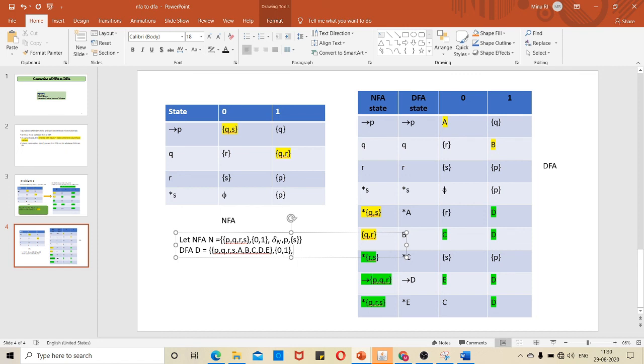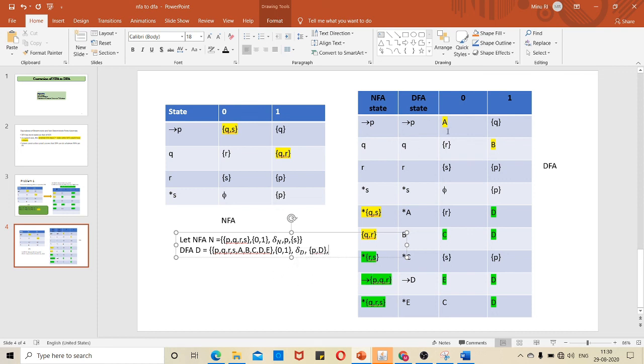And here the delta, instead of delta N, that is that table. Here it becomes another table. So we will make it as delta D. Okay. And here is the magic actually, comma. So initial state. So here it is only P. Now I have 2 states, P and D. So small p, D. Okay.